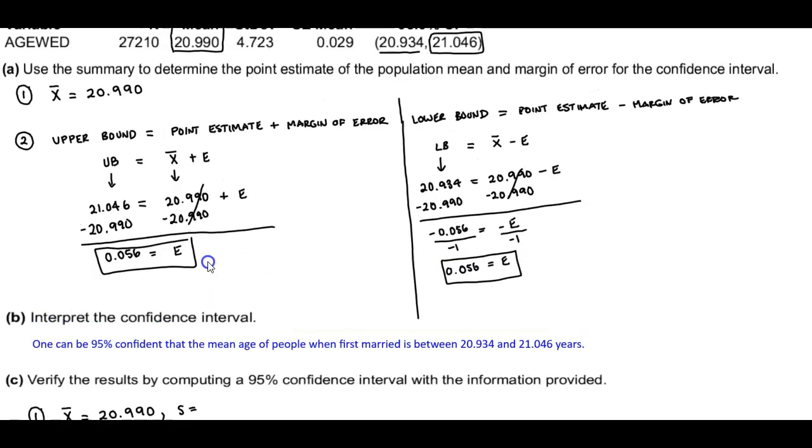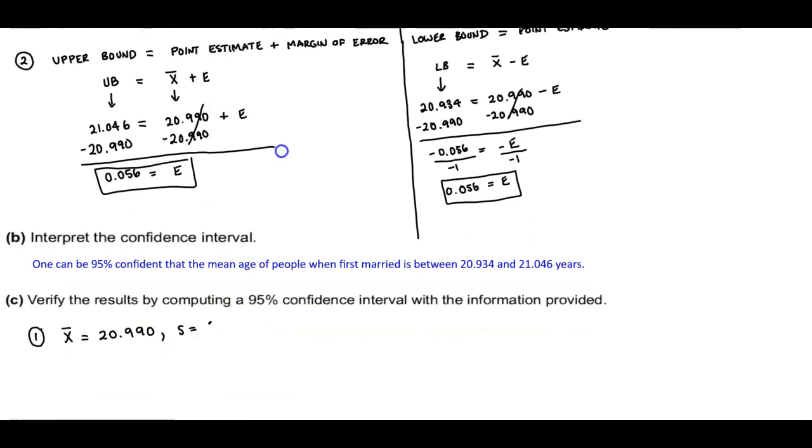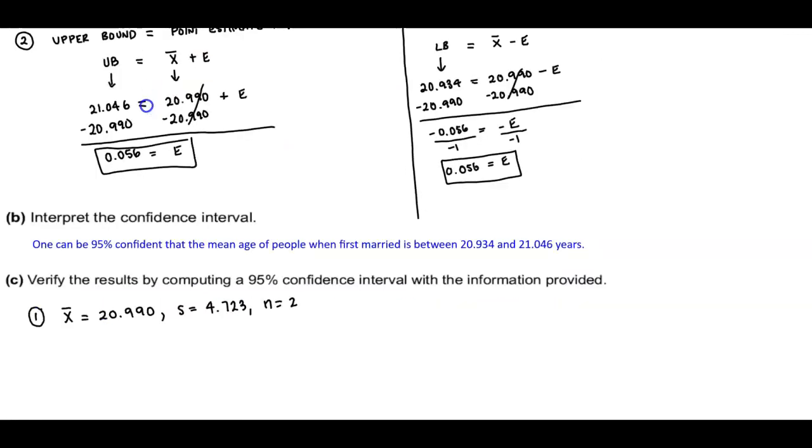We know that the sample standard deviation up here is 4.723. We know that the sample size n is 27,210. And we want to find the critical value according to the 95%.